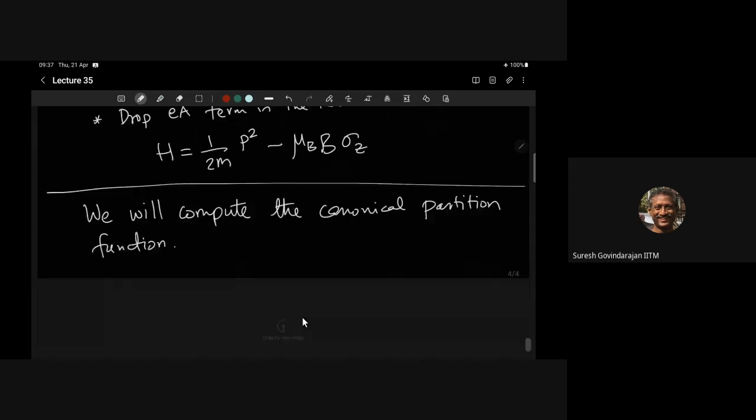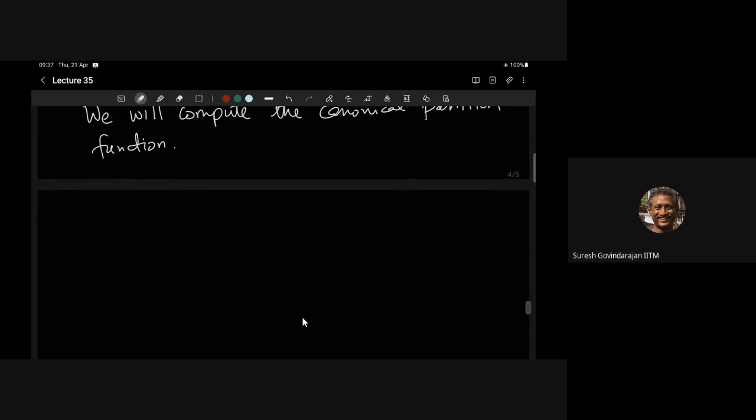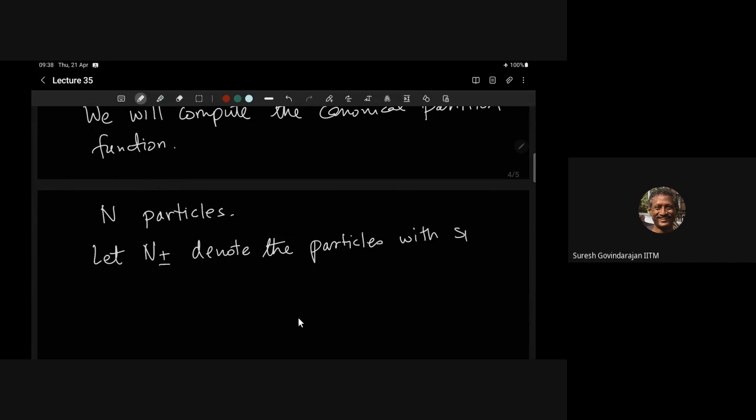We'll do it in the following way. So we have N particles, and let N plus and N minus denote the particles with spin parallel or anti-parallel to the applied magnetic field.